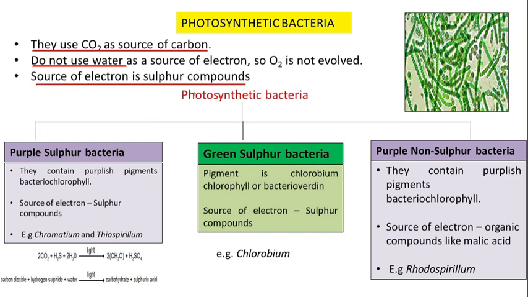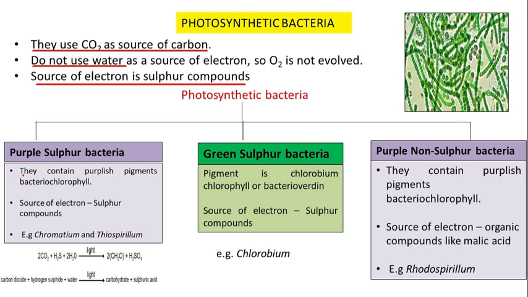Now let us see photosynthetic bacteria. They are of three types. The first is purple sulfur. Wherever the bacterial color or pigment is purple, that means bacteriochlorophyll is present in it. If the bacteria is green, that means bacterioviridin is present.